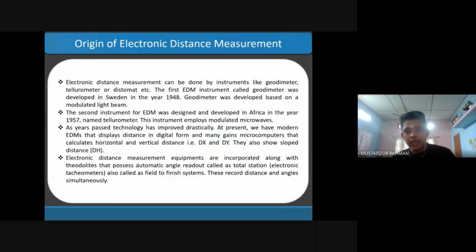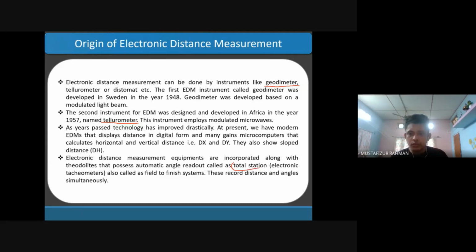Then in this slide we have different electromagnetic distance measuring instruments. Okay, we have different instruments like the geodimeter, then the tellurimeter. Like that we have different instruments. We have electronic tachometers, which is the total station.